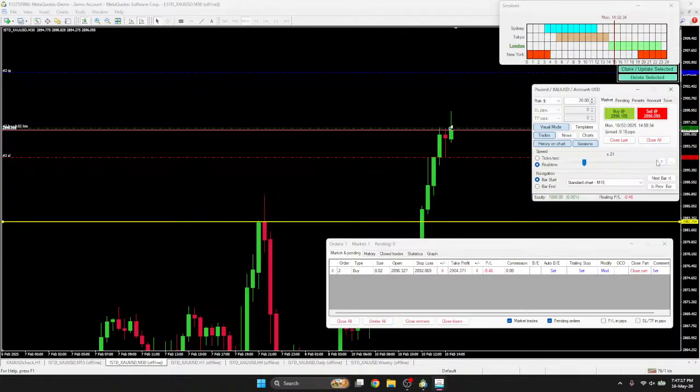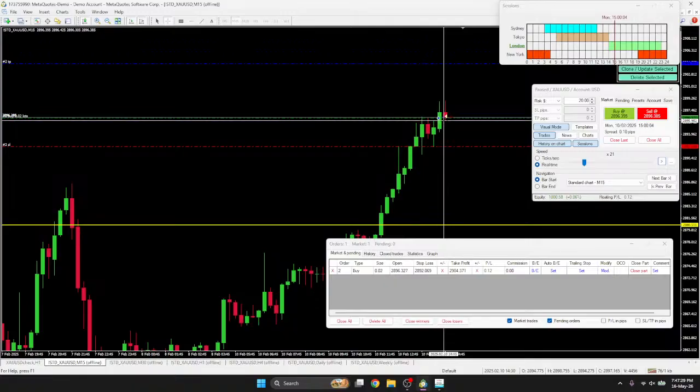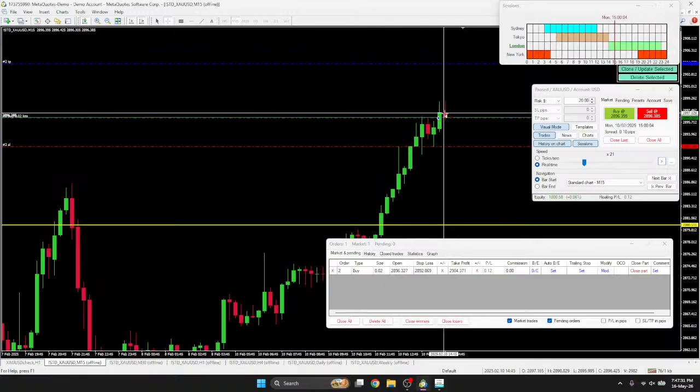So for this candle to close by the last 1 minute. Okay, this candle just closed. If we look at 15-minute, previous candle closed above the resistance, and this is a bearish candle.